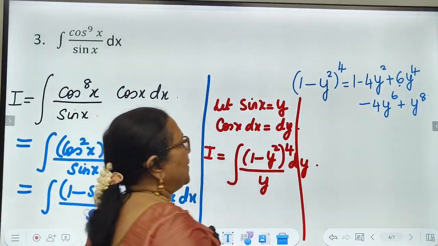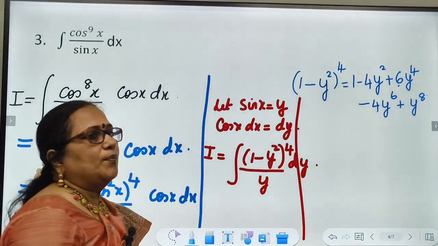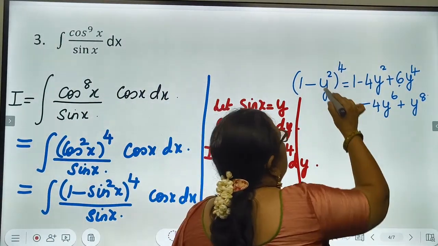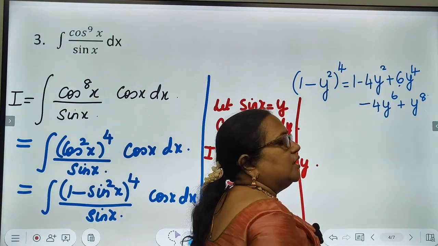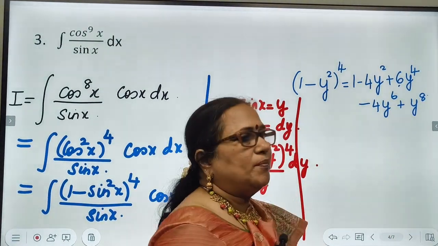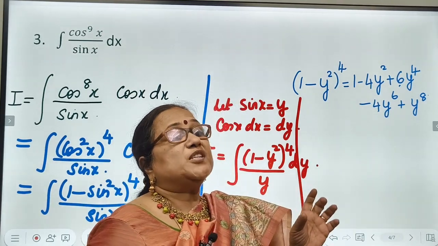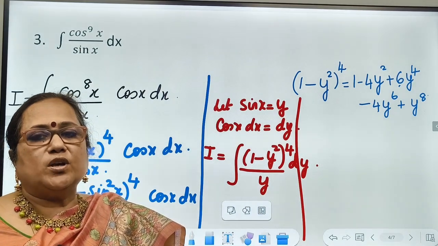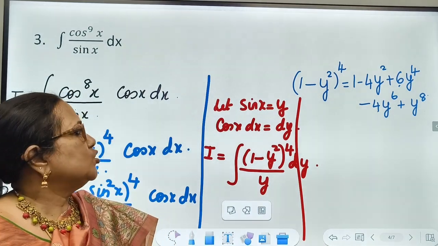I have already written the expansion. If you know binomial, you can use binomial. Otherwise, you can just expand. First you square 1 minus y square the whole square. You will get 1 plus y power 4 minus 2y square. Then it becomes a plus b plus c the whole square, which is a square plus b square plus c square minus 2ab minus 2bc minus 2ca.